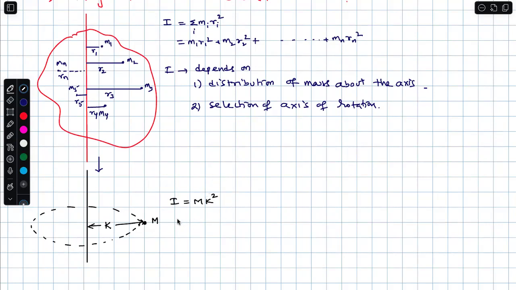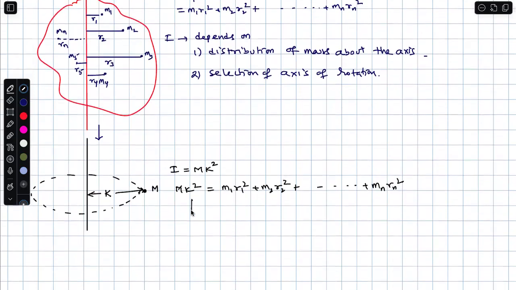Now remember, if mk square is equal to m1 r1 square plus m2 r2 square plus so on, mn rn square, where m is equal to sigma mi, such a k is called the radius of gyration.